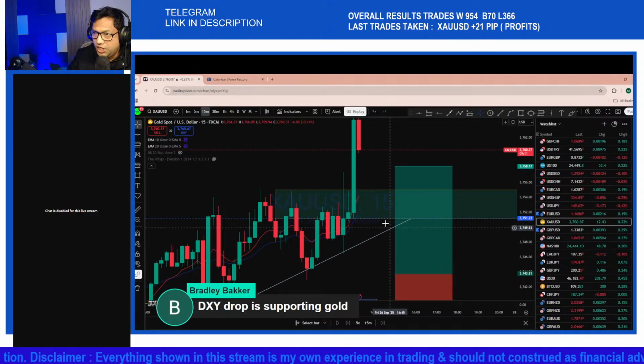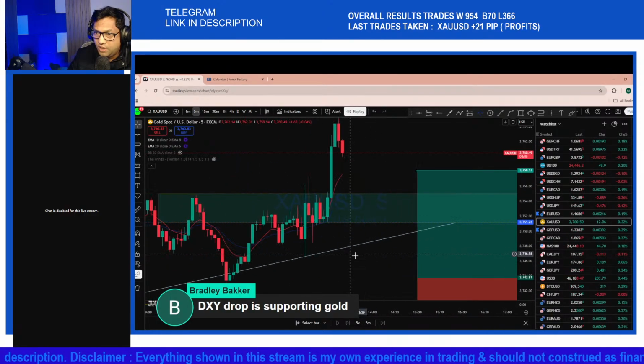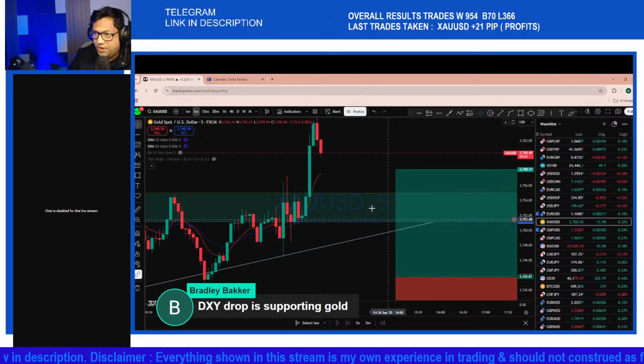Let's change the pending order now back below to this support level. Now I'm looking to change the pending order, guys.